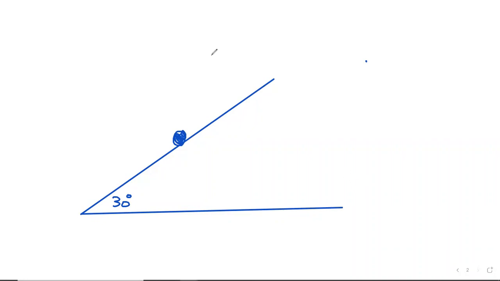of the greatest slope. So here we have force F in the direction of the line of the greatest slope.